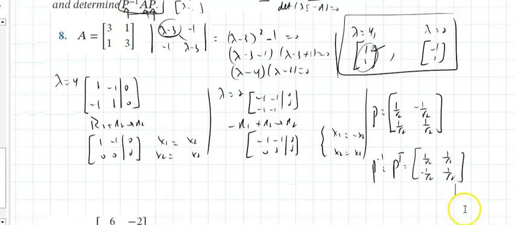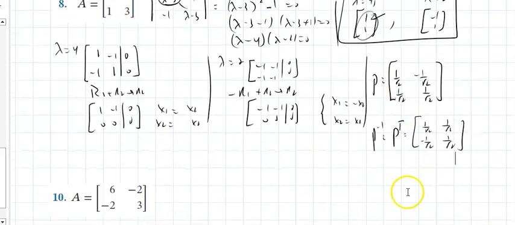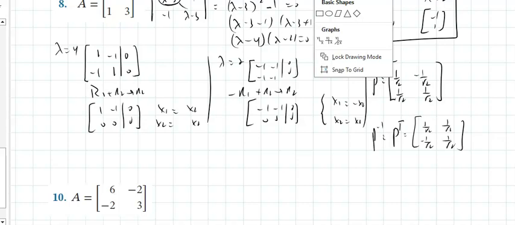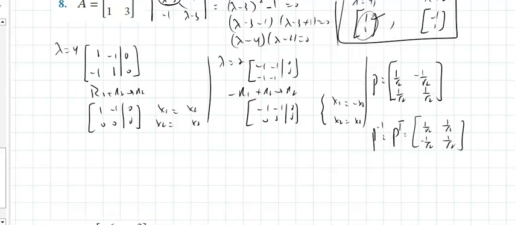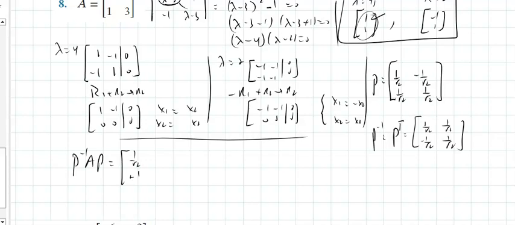And when they say determine P inverse A P, P inverse is 1 over radical 2, negative 1 over radical 2, 1 over radical 2, 1 over radical 2.